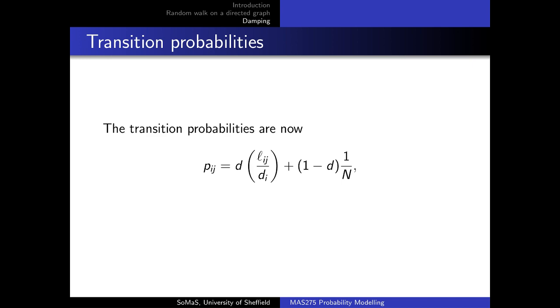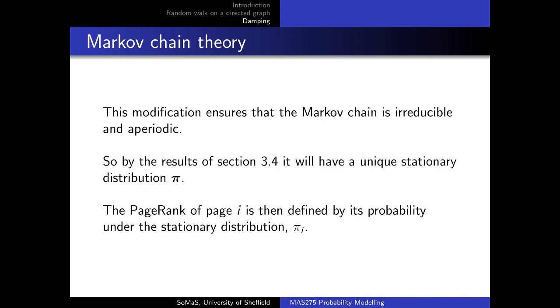And so we get new transition probabilities for your Markov chain. These are the same as before, but now they're multiplied by 0.85. And then with 0.15, you get a 1 over n for each page, where n is the total number of web pages. Makes sense. Now, the nice convenient thing about this damping is that we now know the chain is irreducible and aperiodic, because there's a small probability of not moving.